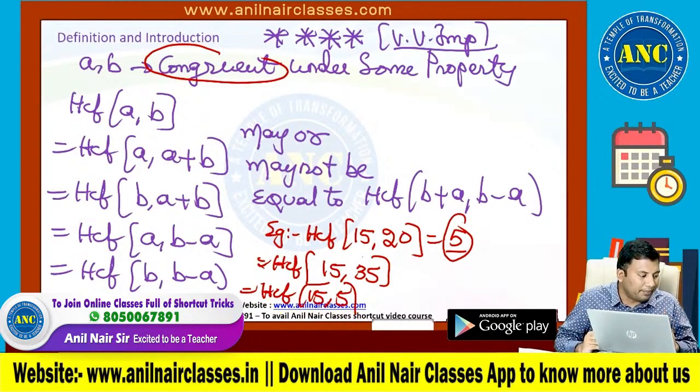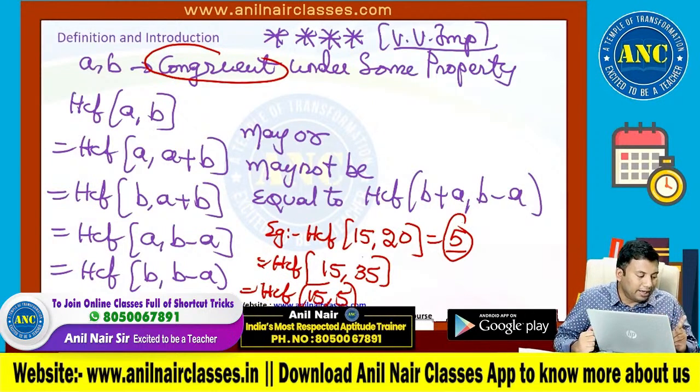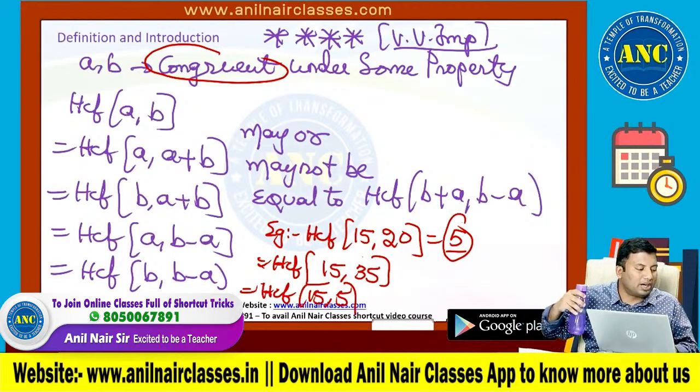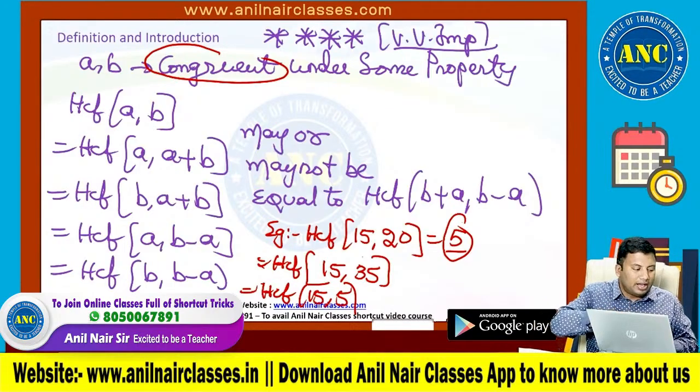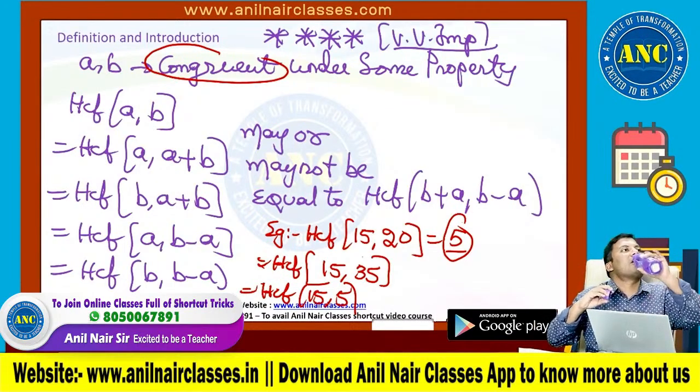If it is clear, kindly reply in the live chat. Yes, yes, yes, so that I can go to the next concept. What is congruence modulo theorem? If two numbers are congruent under a property, addition of two numbers with the individual numbers, subtraction of two numbers with the individual numbers, HCF does not change.